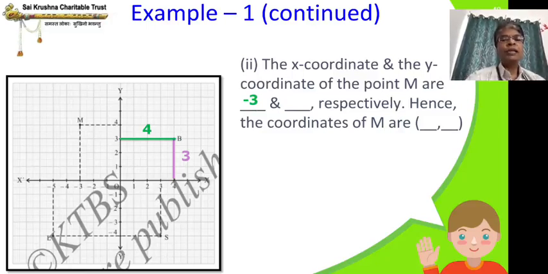And from x axis to point M is the y coordinate, that is at the top, it is 4. Hope all of you are able to get it. So, M is lying minus 3 units from y axis, or 3 units from y axis in the negative x direction, and 4 units from x axis in the positive direction. So, the coordinates are minus 3 comma 4.